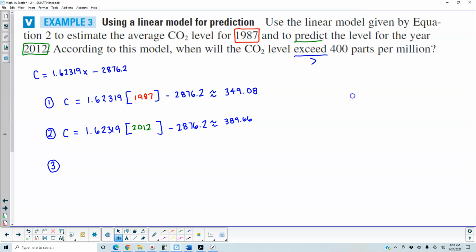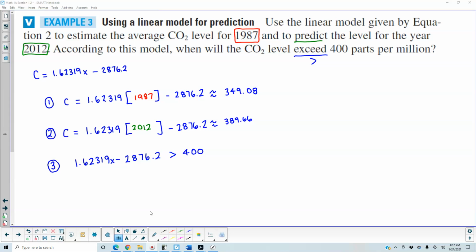And so we're going to take the equation, which is 1.62319x minus 2876.2. And we're going to set that to be greater than 400. And then we solve the inequality for x. So let's solve the inequality.